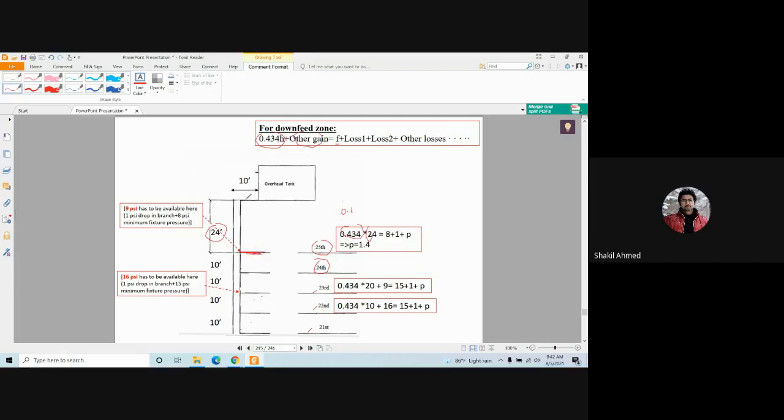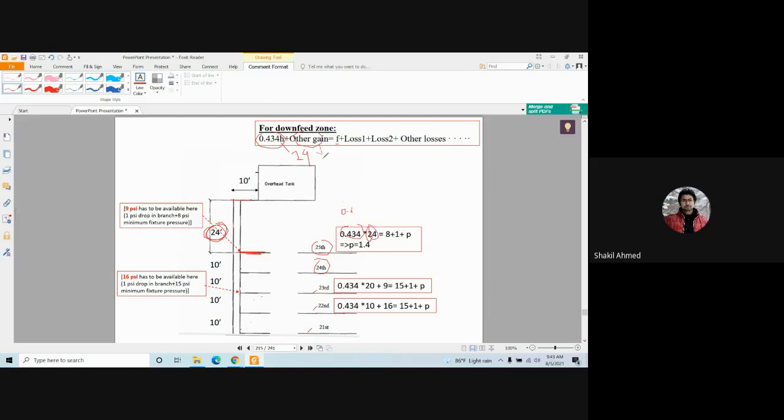Vertical height difference from the water tank. 24 feet, am I right? From here to there, what is the height difference? 24 feet, right? Yes, sir. So H is 24. Put 24 here.